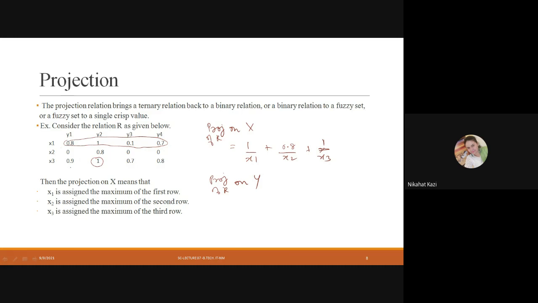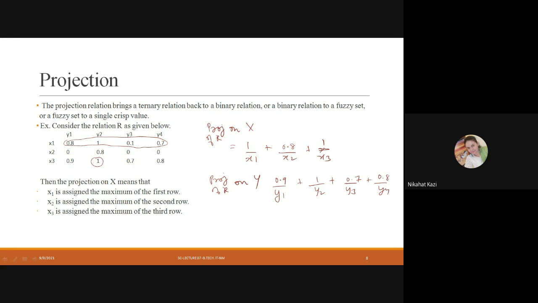For this particular column, whatever is the maximum value will come with Y1. Are you getting it? Whatever is the maximum value out of these three values will come with Y1. Similarly, the maximum value will come with Y2, Y3, and Y4. Is this clear? The definition of projection.